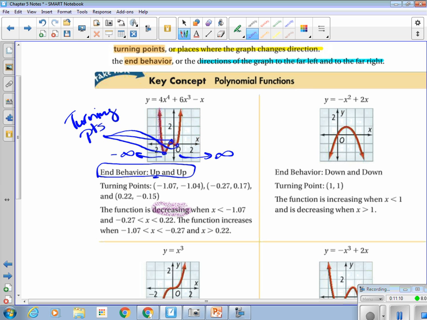And those are the only 2 places we are decreasing. And then we are increasing on these intervals here, and here.